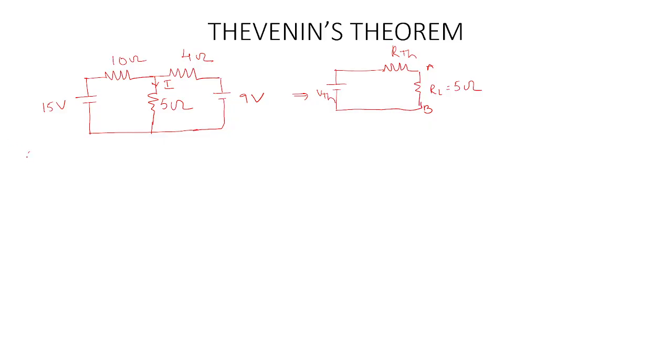Then the first step is we have to calculate the open circuit voltage, that is the V Thevenin, right. So what we have to do is remove RL, that is 5 ohms. So redraw the circuit. This is 10 ohms.